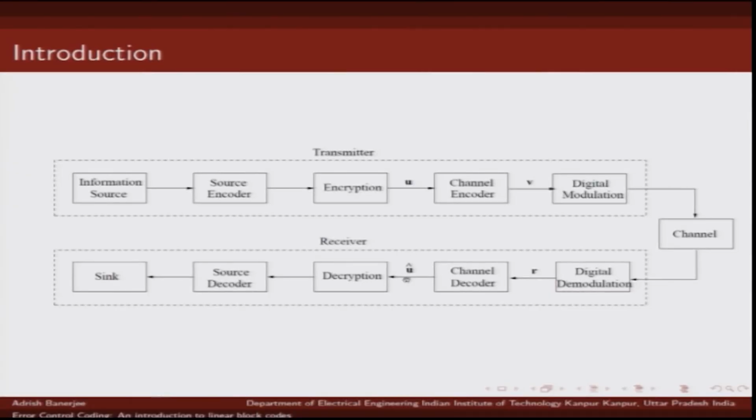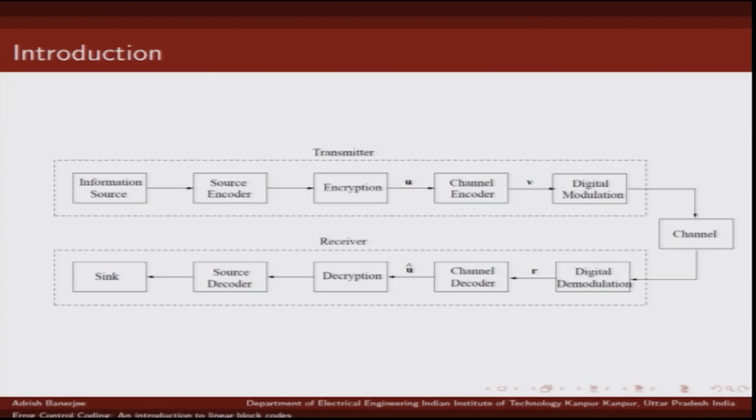Once you decode the information bits, you de-encrypt to get back your plain text data. This de-encryption is the opposite of encryption, and once you get back your plain text, you decompress the signal to get back the original source signal. That is, in a nutshell, the broad block diagram of a digital communication system.